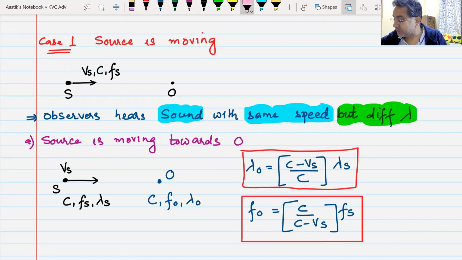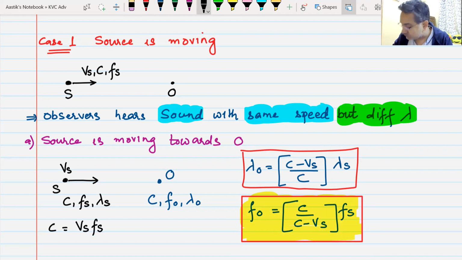Have you noted it down correctly? Yes, sir. Remember one more relation. C, the speed of sound, will be equal to Vs into Fs.